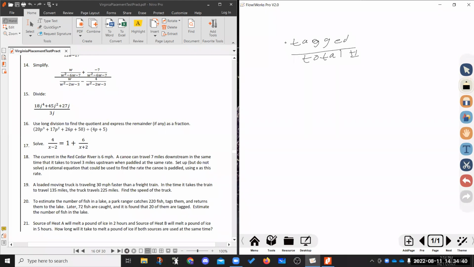So we don't know how many there are for the total number of fish in the lake, but we know that we tagged 220 fish in the lake to start off with, and that when we come back and catch fish later, we caught 72 of them.